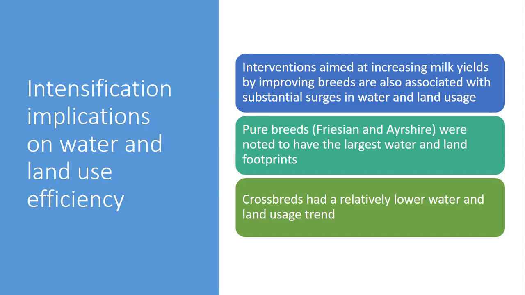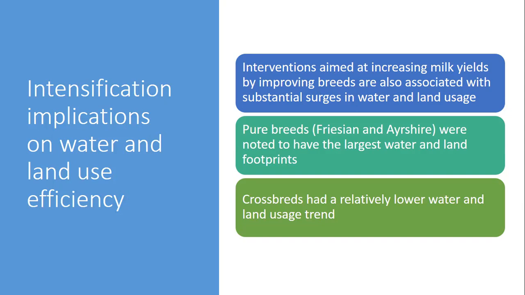So when we assessed the efficiency of producing milk in these pre-commercial areas, we see that increasing the milk yields in those semi-arid areas by improving the breeds was also associated with substantial increase in water and land usage. The breeds that we assessed were the Frisian and the Ayrshire.